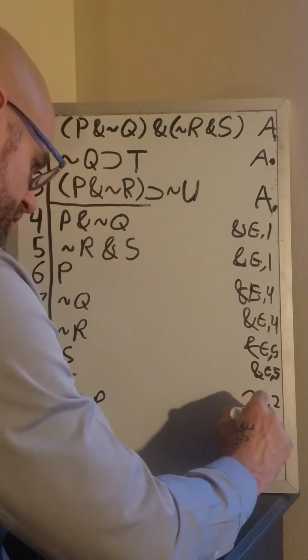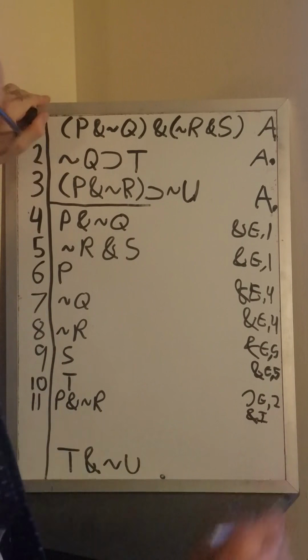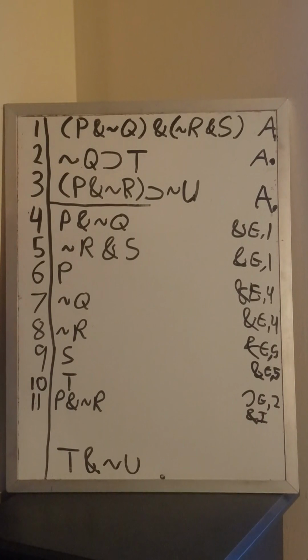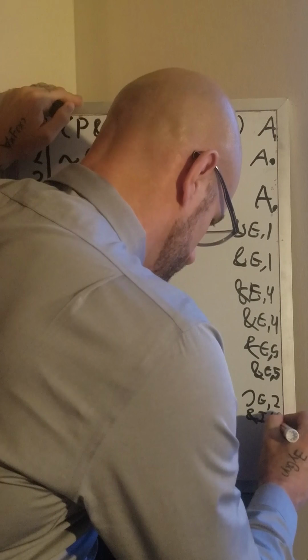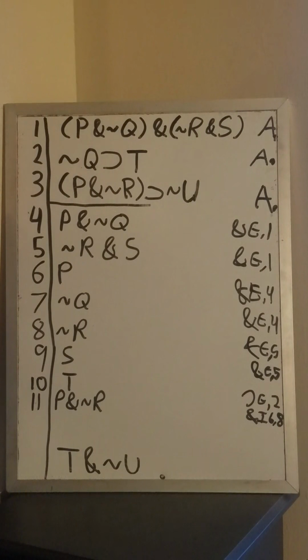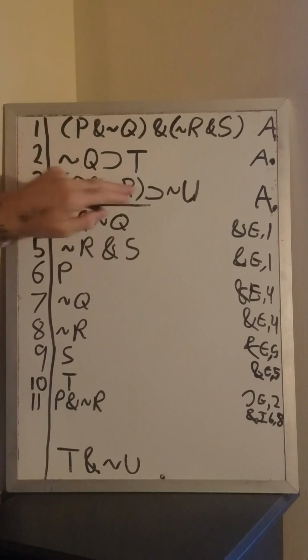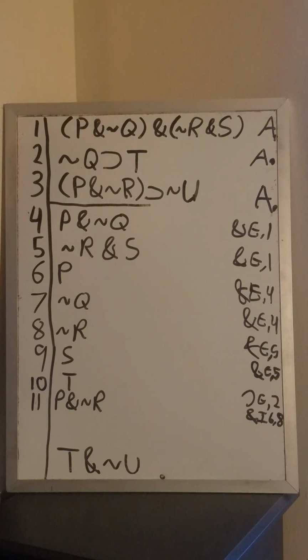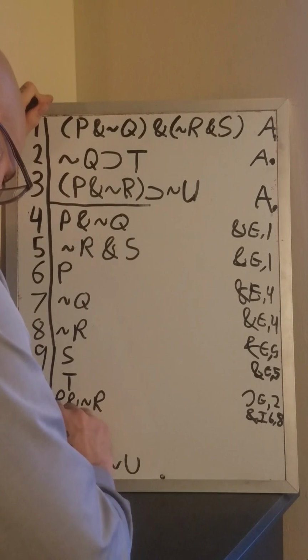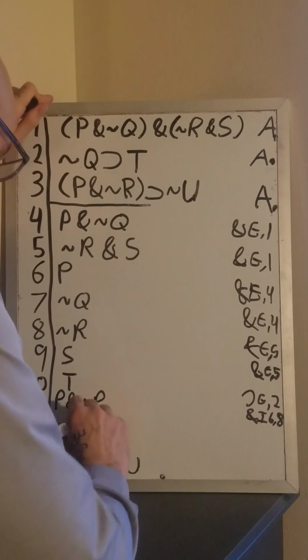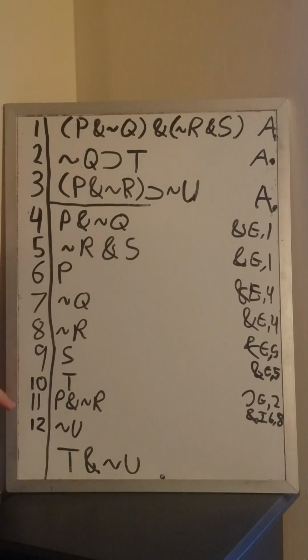By conjunction introduction, lines 6 and 8. Okay, and now we can use conditional elimination to get not U, on lines 3 and 11.